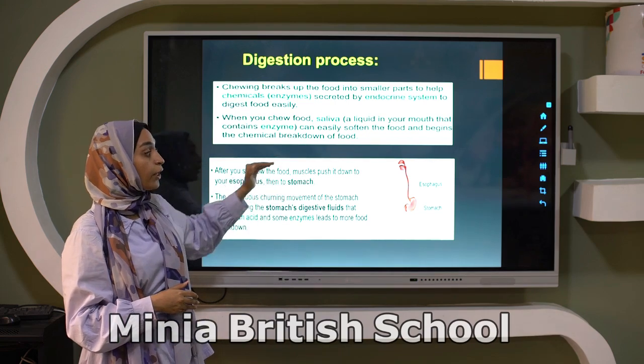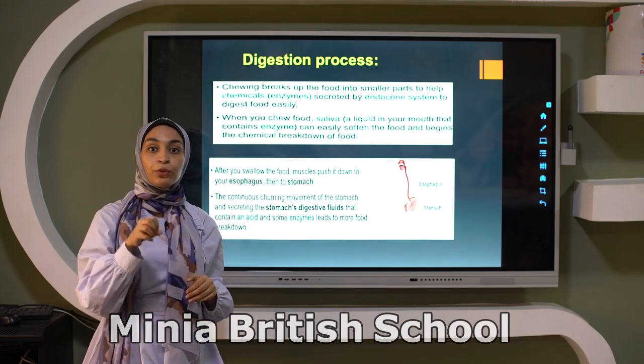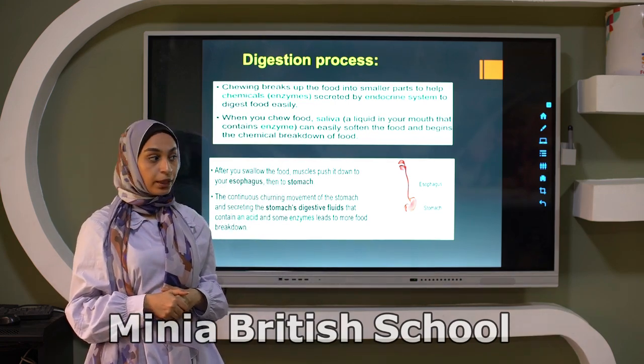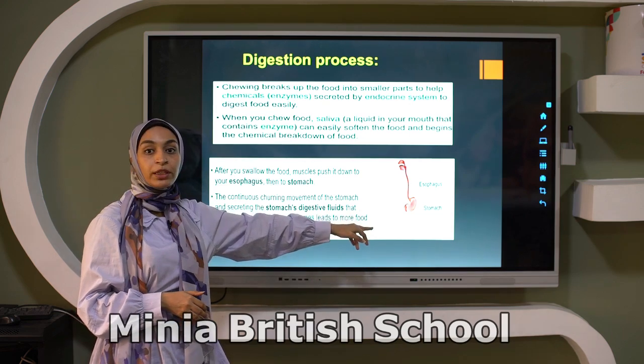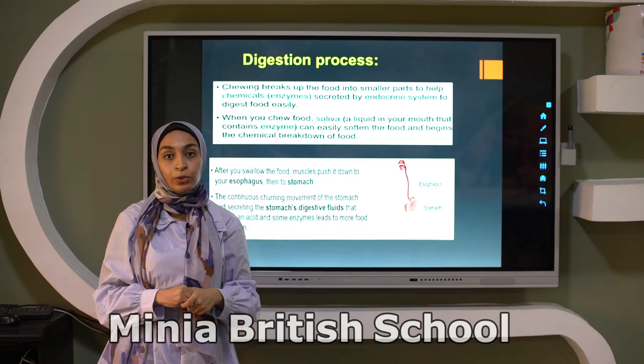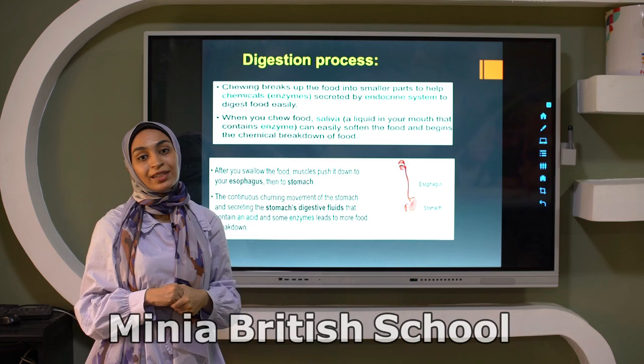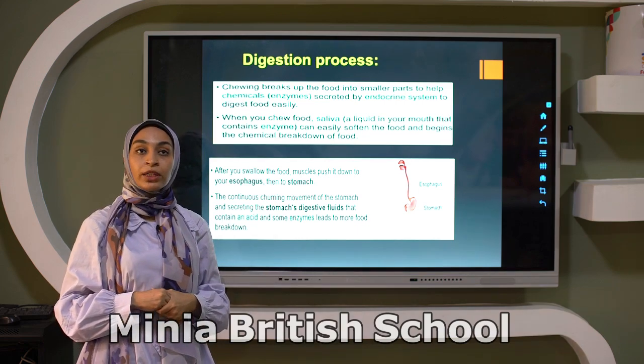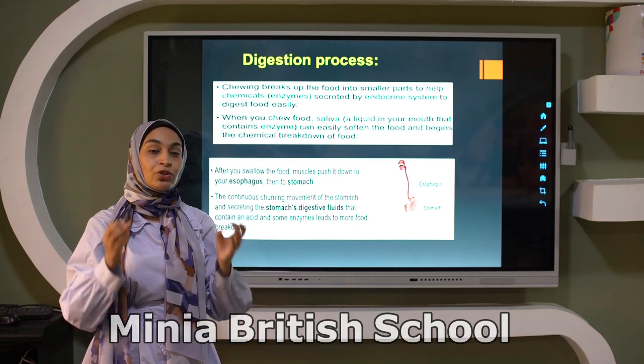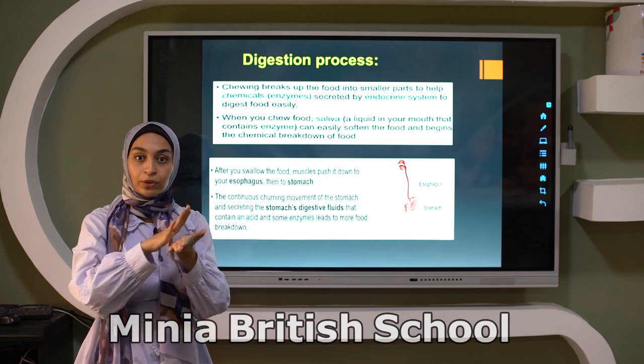After that, the esophagus pushes the food down to the stomach, and then the stomach, after the food reaches it, starts to secrete enzymes, or we can say digestive acids, for more breaking down of food.